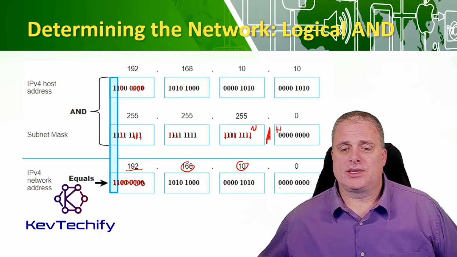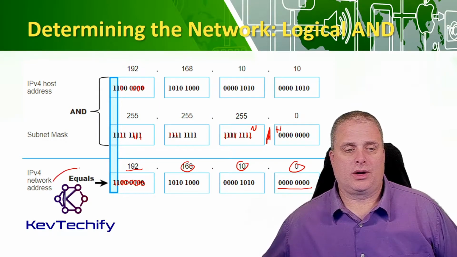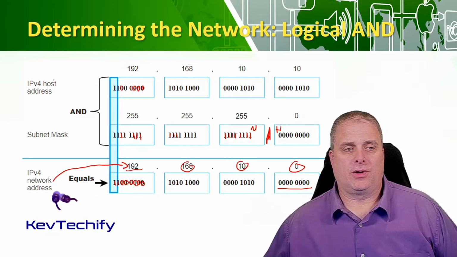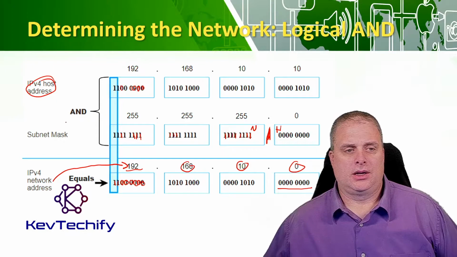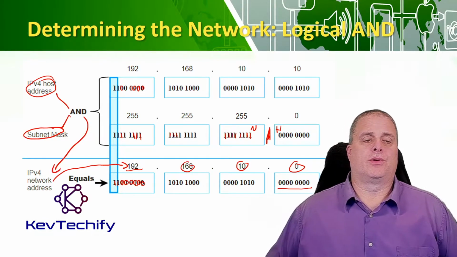That puts this all at zeros here. Convert it into decimal, and this here is our network address. We started with the IPv4 address, we got the subnet mask, and we ANDed those two together, and that gave us our IPv4 network address.